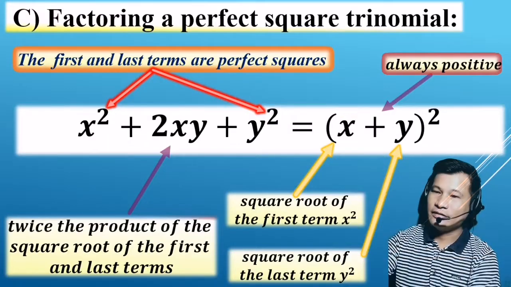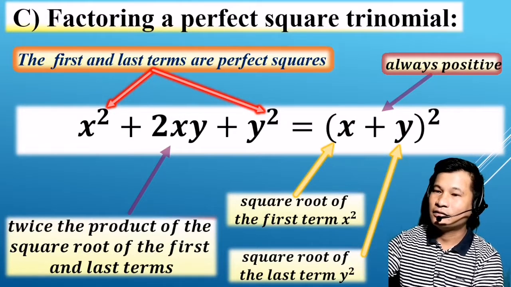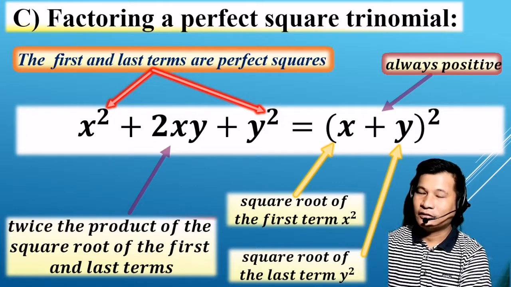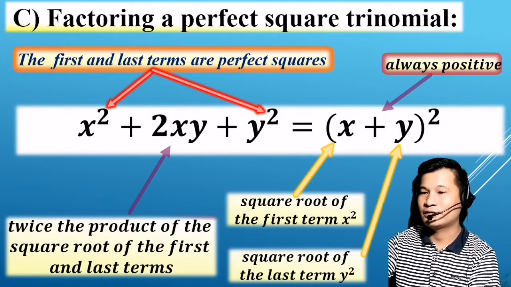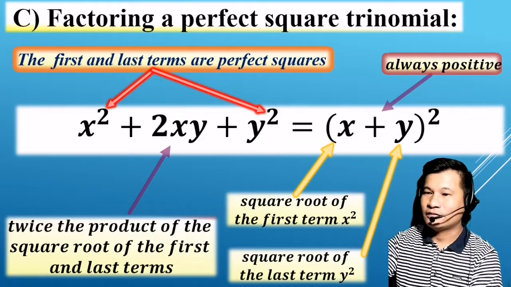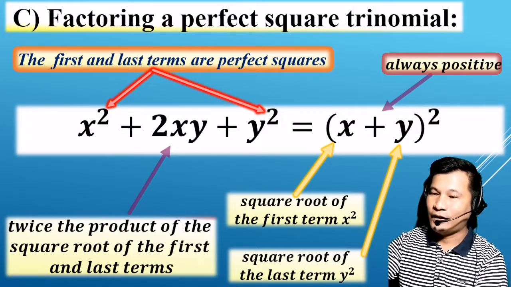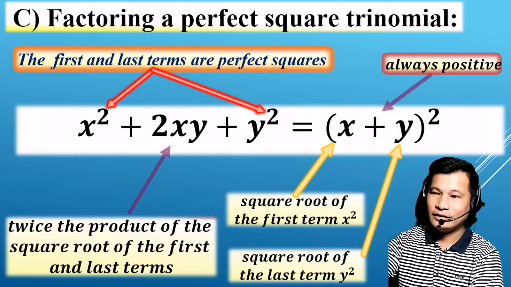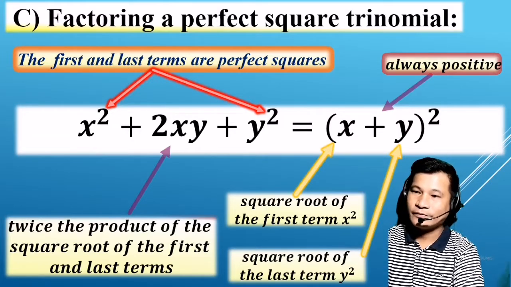For letter C, factoring a perfect square trinomial. Suppose we have x squared plus 2xy plus y squared. The factors are x plus y and x plus y, or simply the quantity x plus y raised to 2.